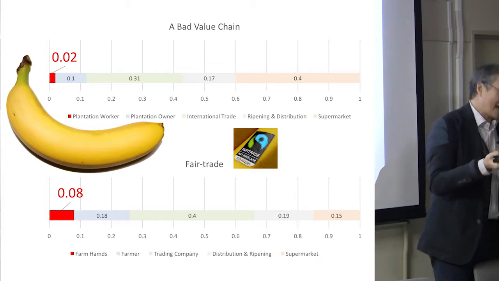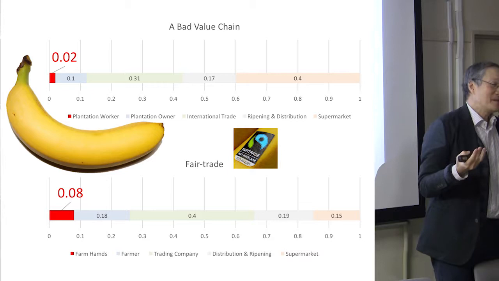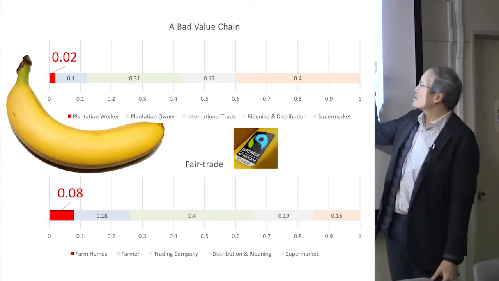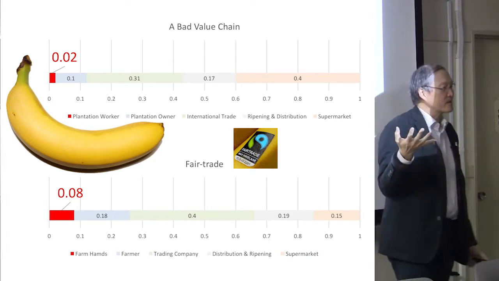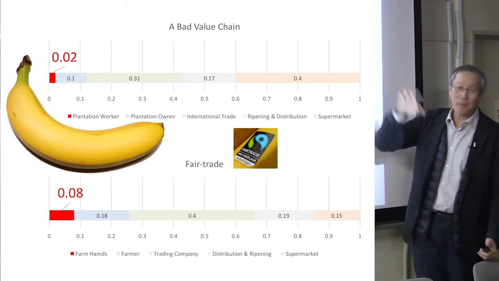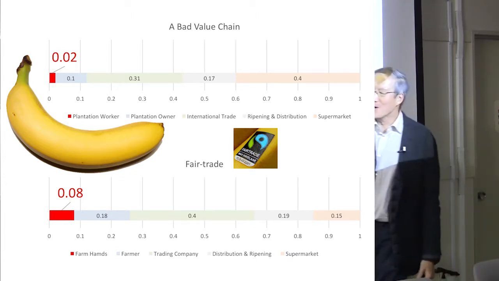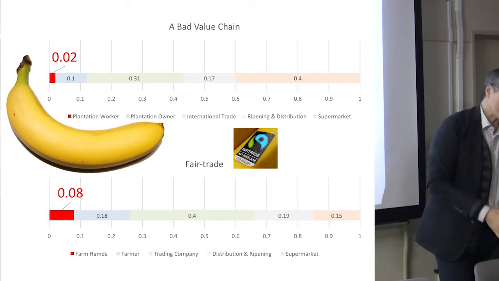Maybe same quality as the regular banana, but it's a little bit more expensive. Why? Because some of the profit will go to support the farmers. The supermarket will not get so much compared to the other one. So the next time you go to the supermarket, maybe you can try fair trade banana.